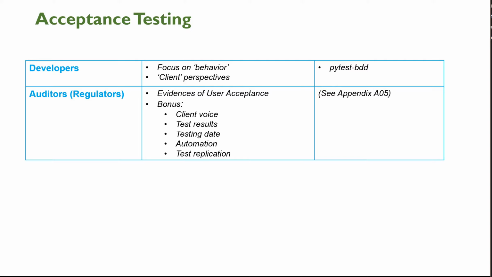Acceptance testing. This is actually something that is required from the auditing point of view. Remember that, when we talk about COVID, and the requirement is, the changes in production have to be authorized.